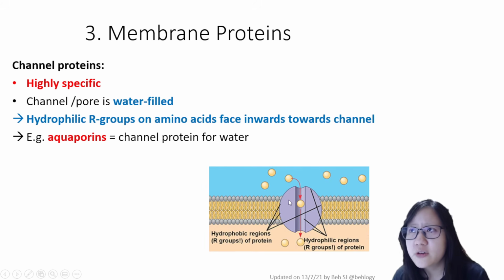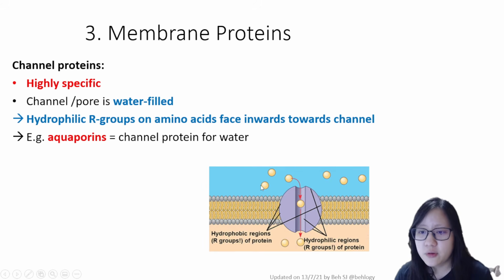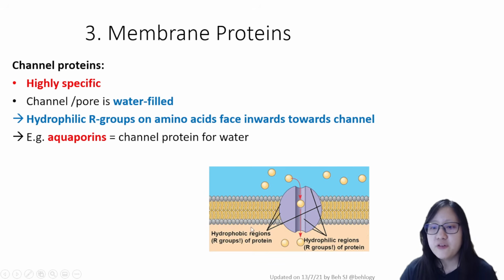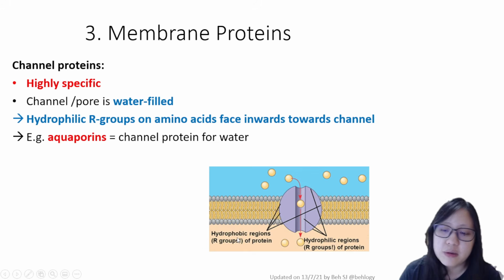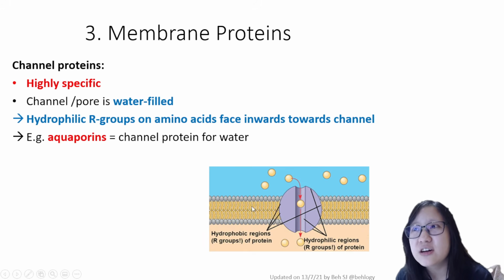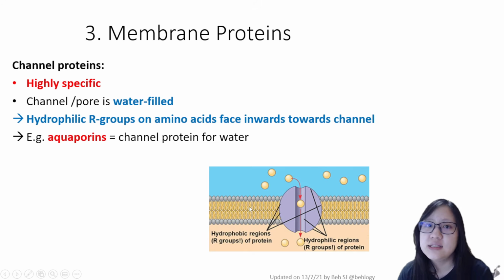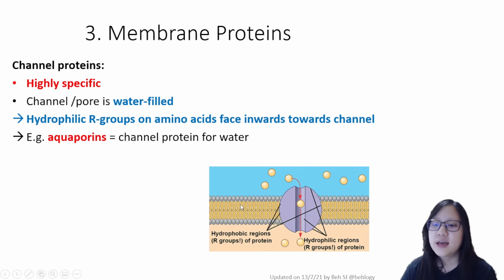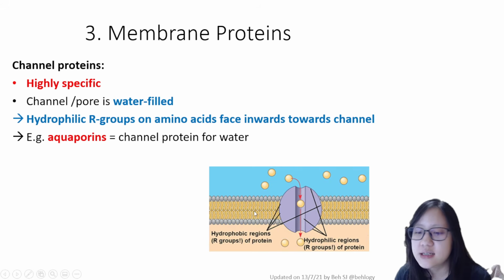Now, water is one of those exceptions of polar molecules that can pass through the phospholipid bilayer. But for water to pass straight through the phospholipid bilayer is kind of tough, right? Because it is dipole in nature, and the hydrophobic core is hydrophobic.